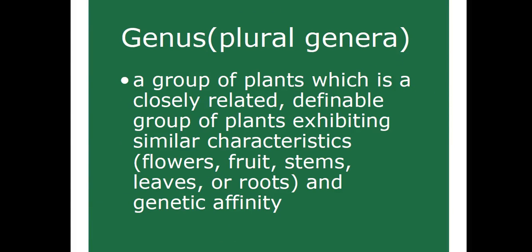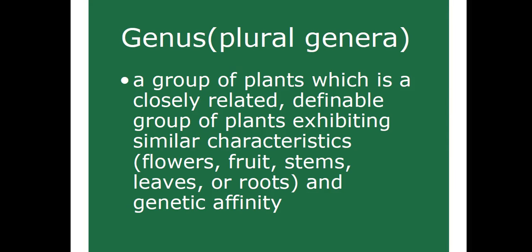Genus, or what I consider the last name of the plant, is what we use first, of course, in the species name. Plural, we call genus genera. So you'll often hear me say this genera of plants, or these genera, and in that case I'm just using the plural form of the word.